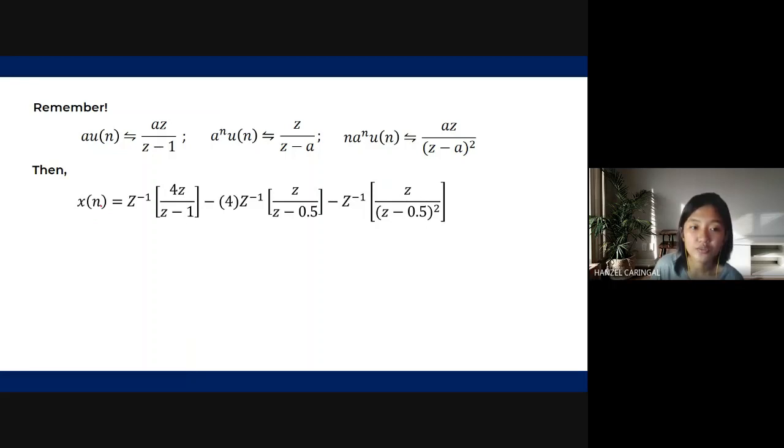The inverse z transform x of n is equal to the inverse z transform of our first term, second term, and third term. We look for the pairs in our z transform table.